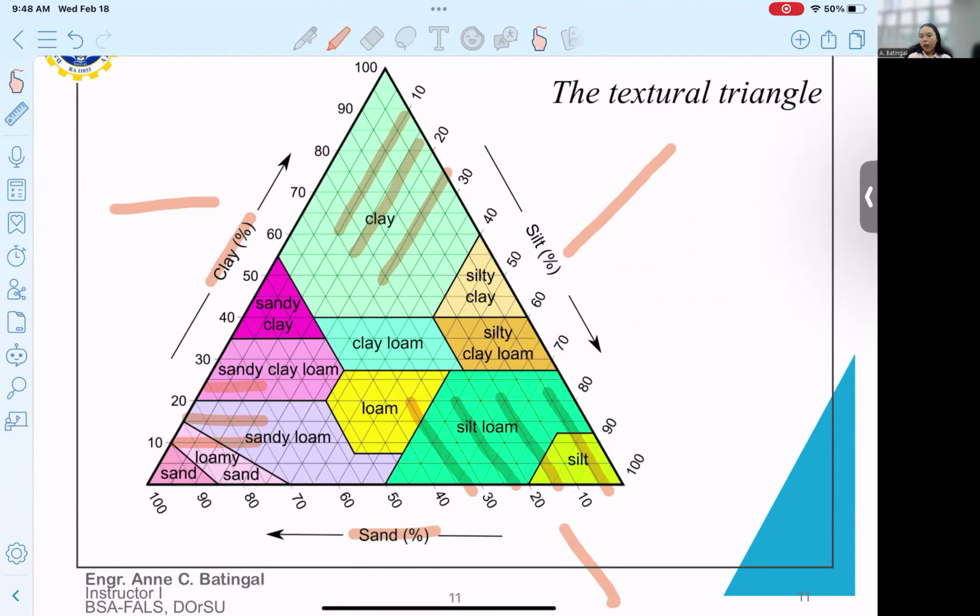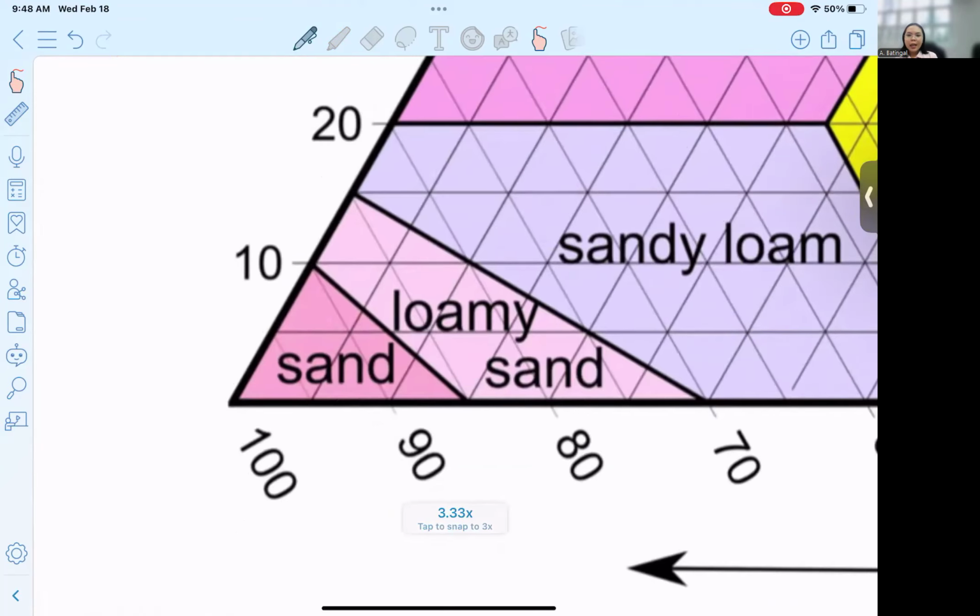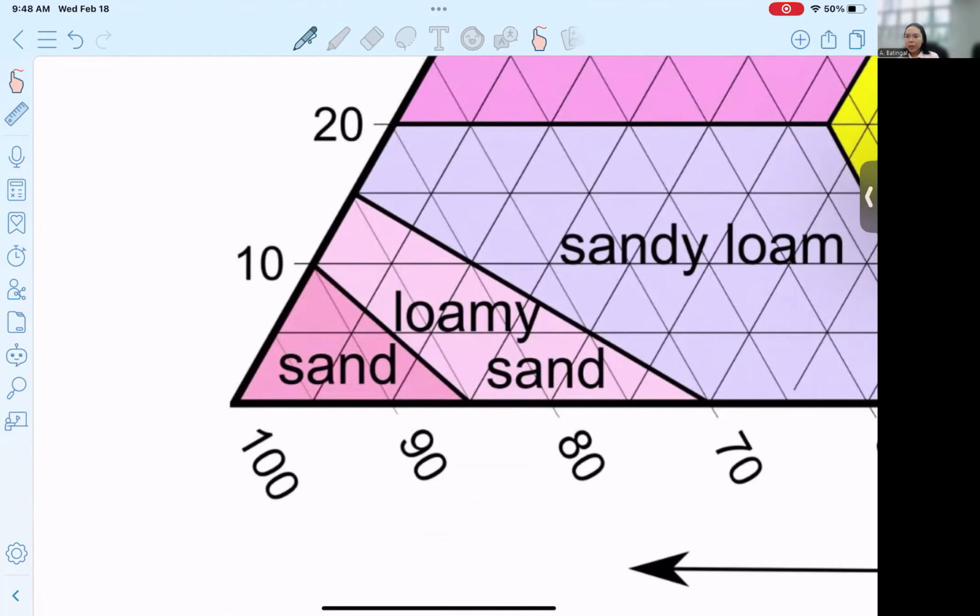Okay, so what does your soil texture triangle mean? Each side, depending on the proportion of how much there is, dictates what your soil texture is. Let's have an example. We start with the sand soil. Your sand soil contains around 85% or more sand.